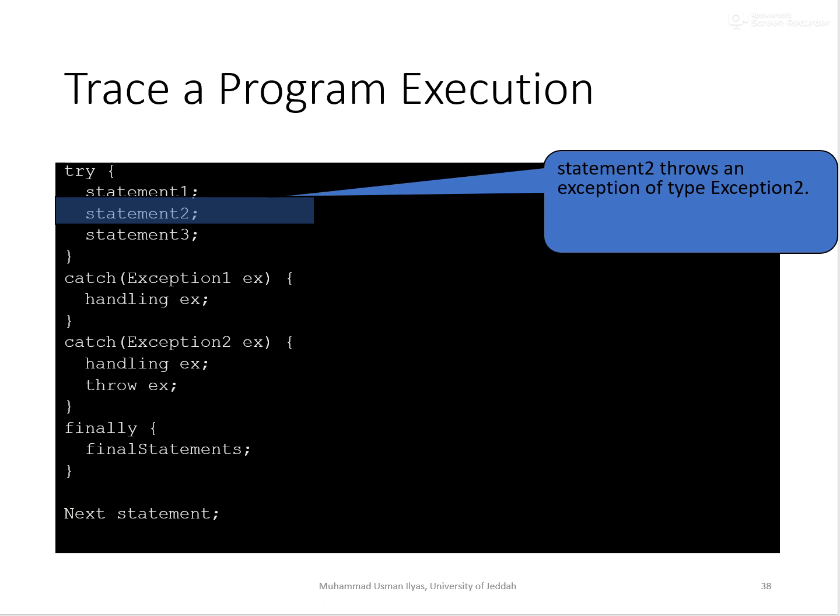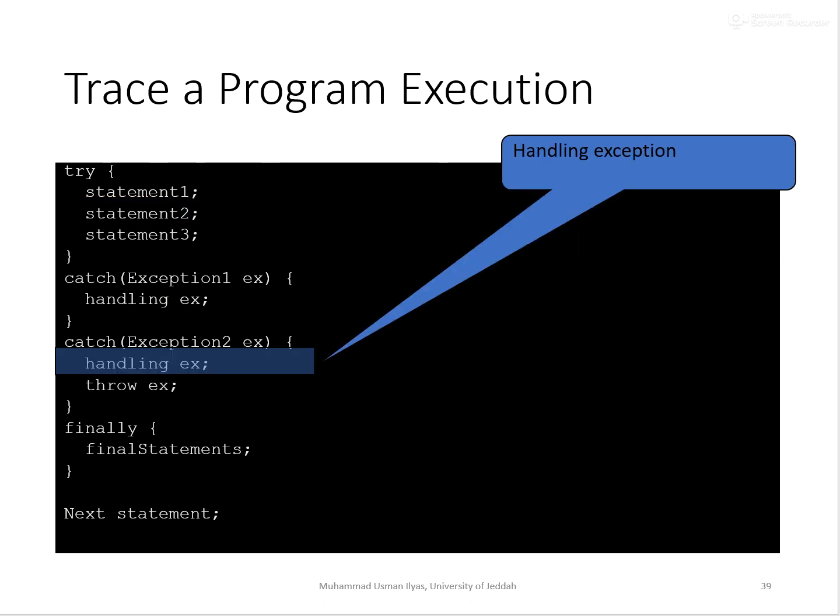So let's say again, statement two throws an exception, and that exception matches the type exception 2. We enter the second catch block, we handle the exception, and the last statement over here is a rethrowing of the caught exception.